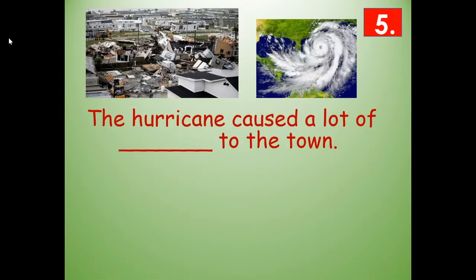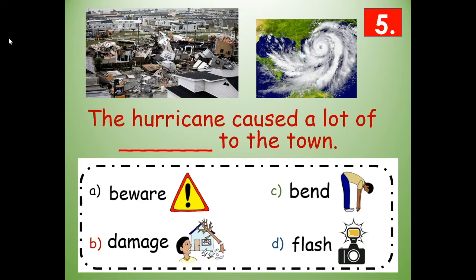Number 5, the hurricane caused a lot of blank to the town. The hurricane caused a lot of beware to the town. The hurricane caused a lot of damage to the town. The hurricane caused a lot of bend to the town. Or the hurricane caused a lot of flash to the town. What makes the most sense given our picture clues and where the word is in the sentence.